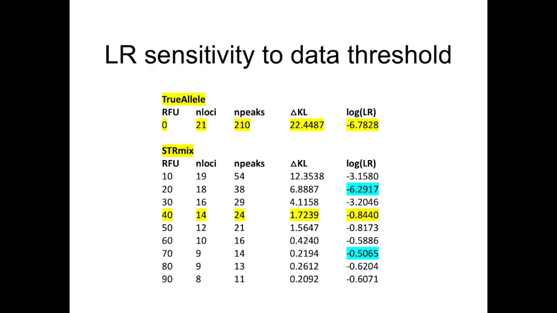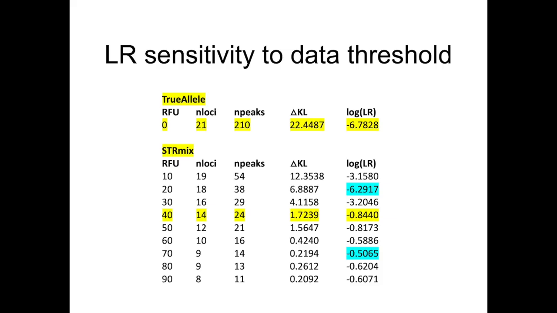So this is what thresholds do to methods that use thresholds, which as far as I know is everything but TrueAllele. So the first row is TrueAllele. The first column says there's no cutoff, there's no threshold, there's 21 loci, 210 peaks, the separation is large, and the exclusionary statistic is -6, 1 over a million.